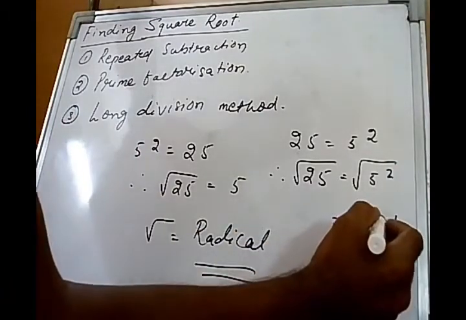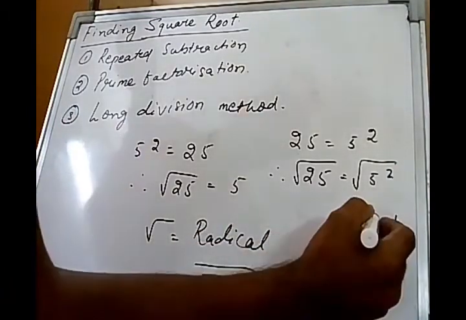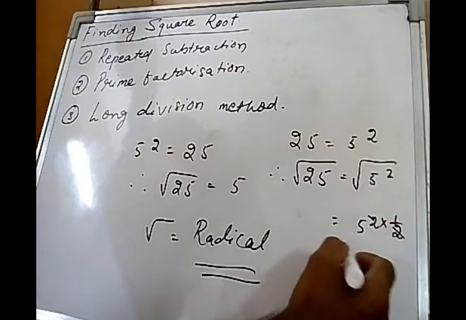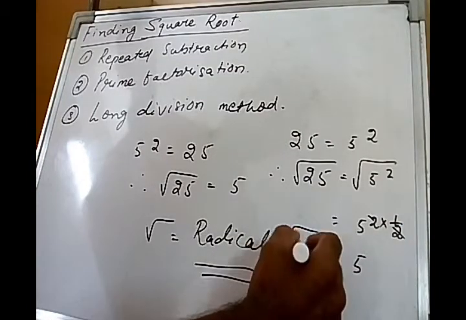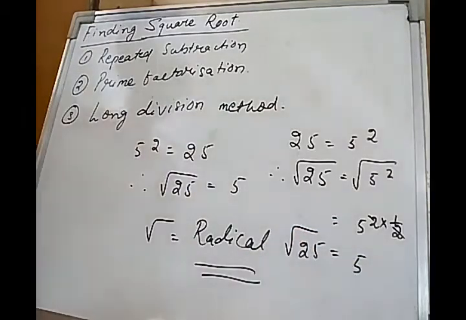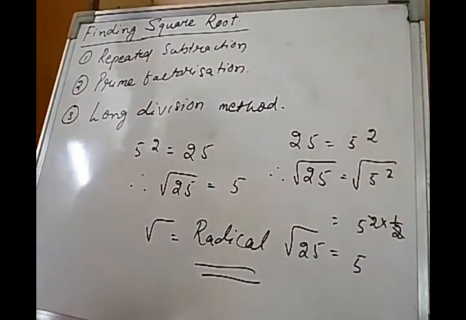So power 2 multiplied by half, the 2 and half will cancel, so it will be only 5. So square root of 25 equals only 5. Square root means we are going to find out the root from where the square number has come. This is the meaning.